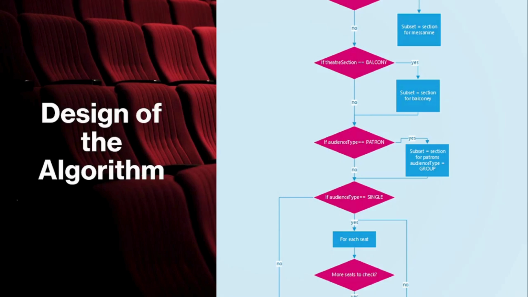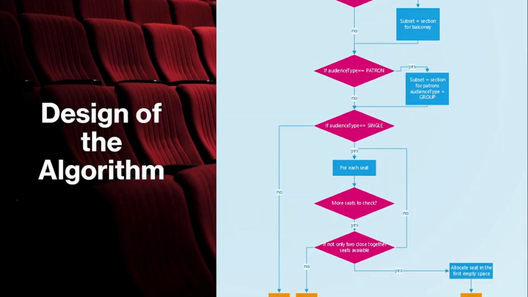Then the algorithm checks if the audience type is patron. If so, they have a special set of seats. It then assigns the audience type as group to follow the same logic as the group.